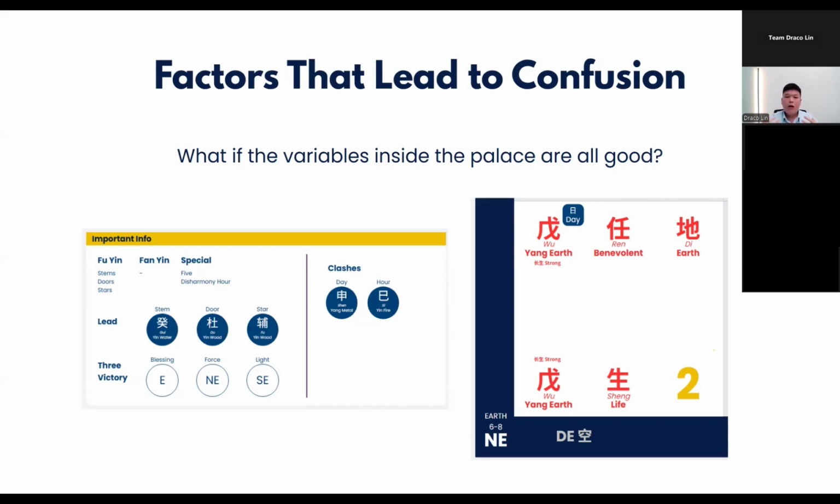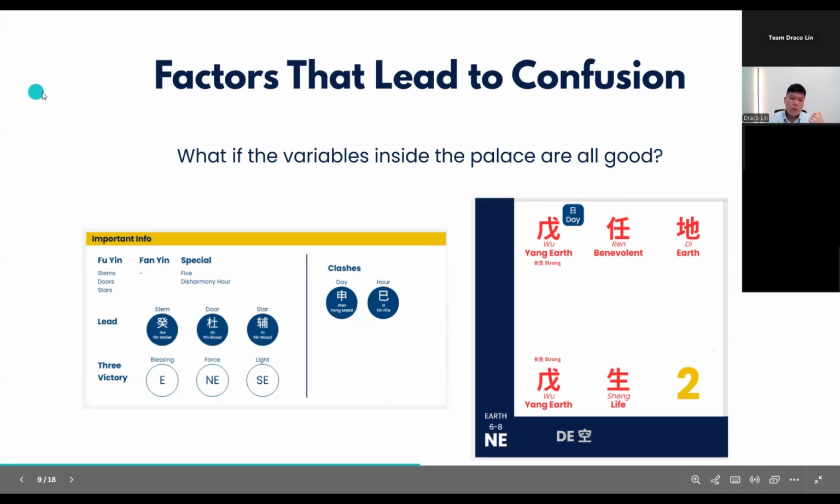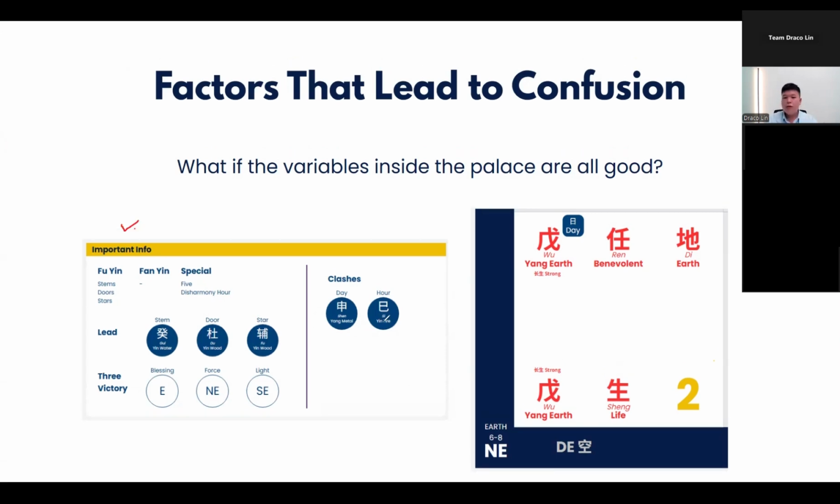When we see these variables inside are all good, and this is a Fu Yin chart, with Fu Yin stems, Fu Yin doors, Fu Yin stars, and I look into this box, the day palace, everything is good.